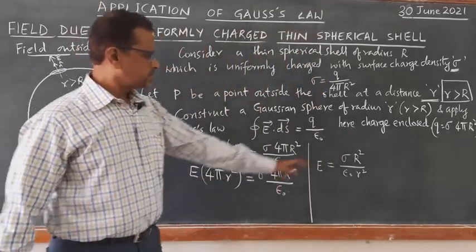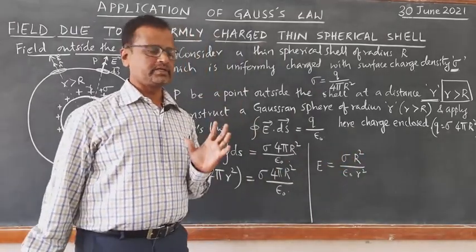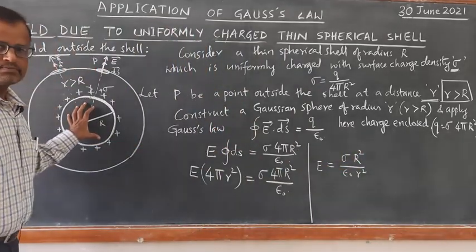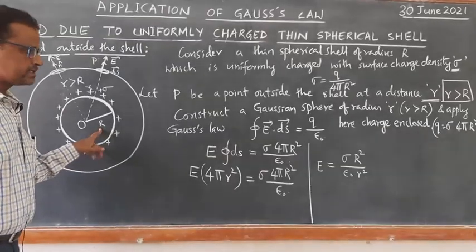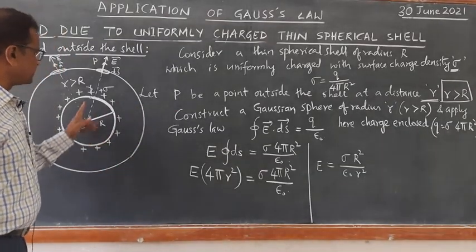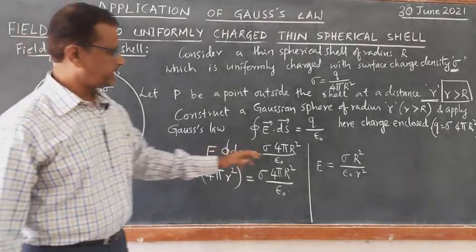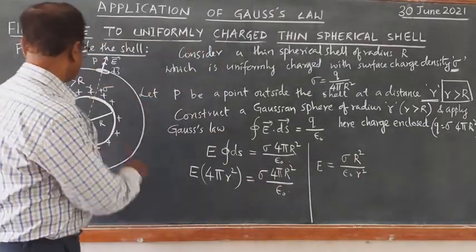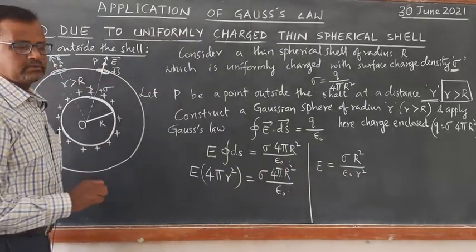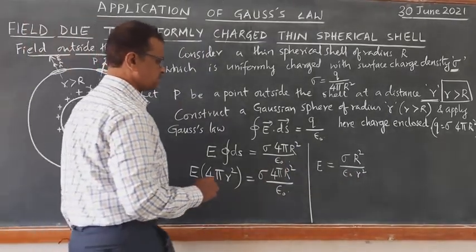Here capital R is the radius of the given spherical shell, so it is fixed and constant. So the only variable is small r. So the electric field is inversely proportional to the square of the distance. That is evident from this equation.